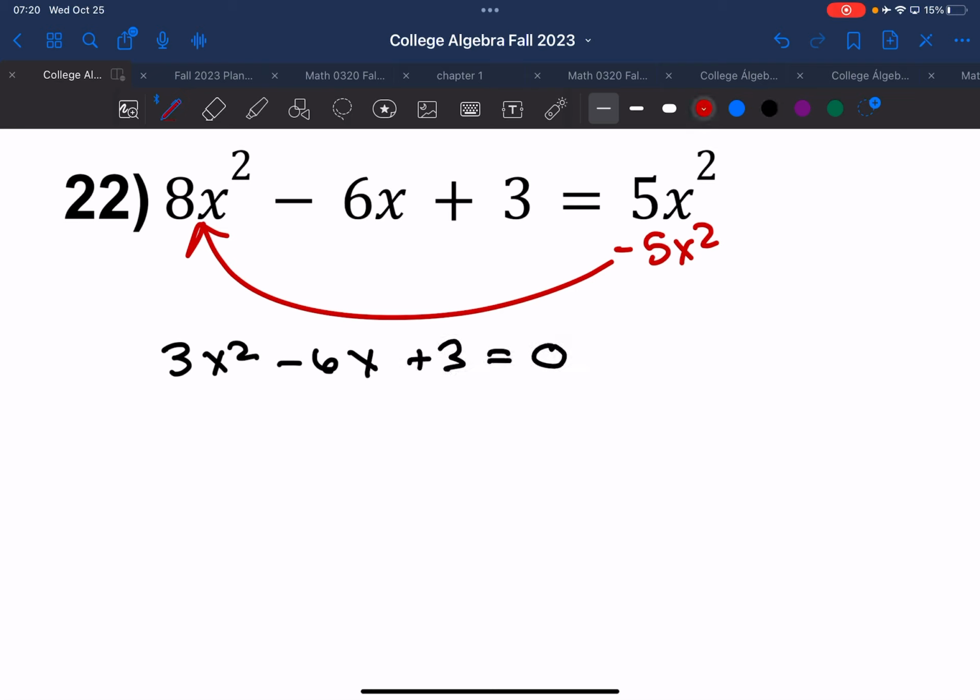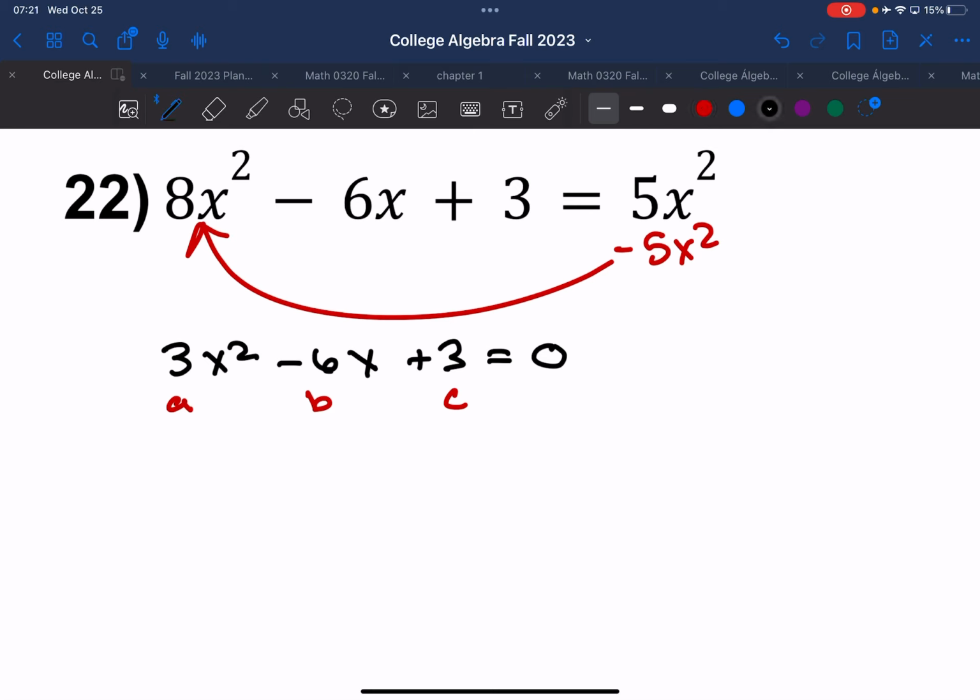So that means if I label this, I have my a as 3, b is negative 6, and c as 3. Okay, go ahead and plug this into the formula. Tell me if you get positive, negative, or 0. 0. Correct, you should get 0.